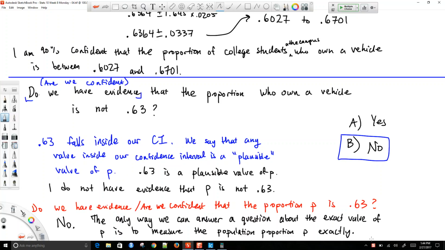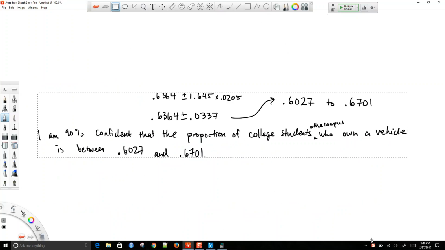Okay, I'm going to do a few more of these kinds of interpretations based on the confidence interval, because I think this is the important part of confidence intervals. Once I give you that formula, it's not too terrible to just plug in numbers and get it. But then understanding the kinds of conclusions we can make, that's important.